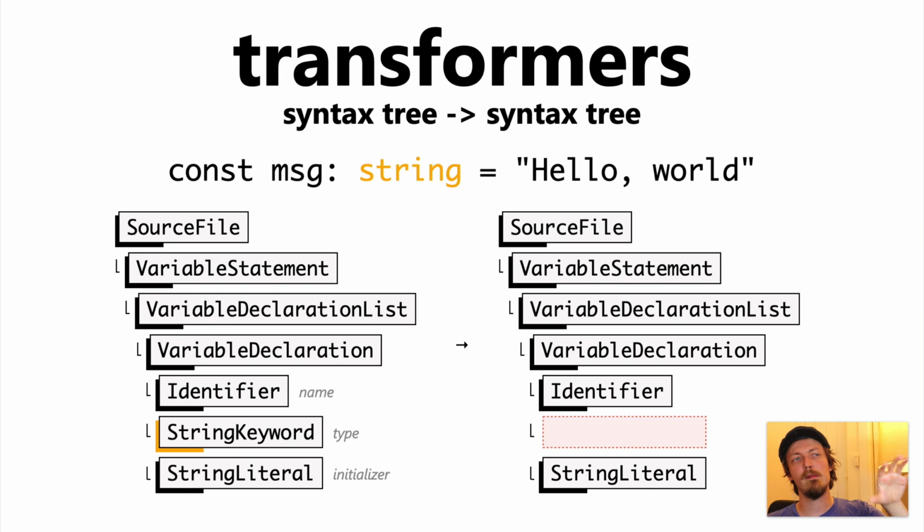It removes the type string during the transform. So it looks to see a variable declaration, and if a variable declaration has a type, then it will just null it out. And that means later when a printer hits these nodes, it will see, oh, there's no type in there, so I'm not going to actually do any work and try and turn that into a string.